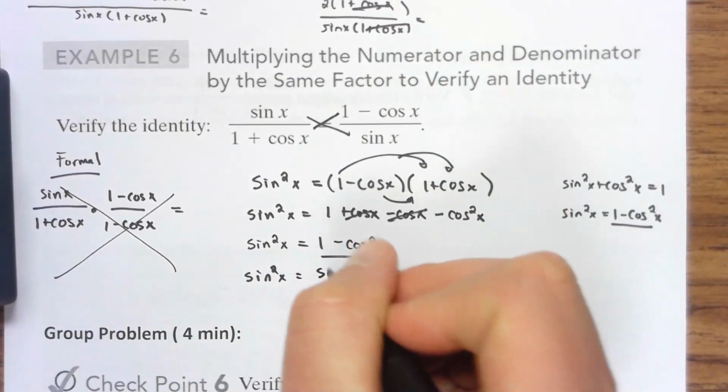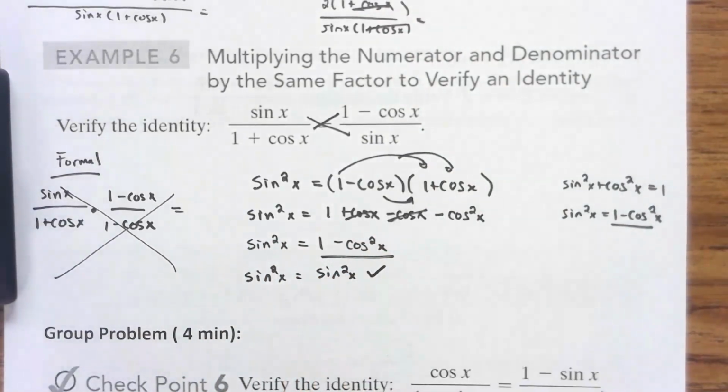So by us getting both sides to be the same, we're technically verifying that identity. Okay, that's really what we're working towards doing, is showing that both sides of these equations are the same. And most of the time, it'll just mean solve one side and manipulate it to get to match the other.